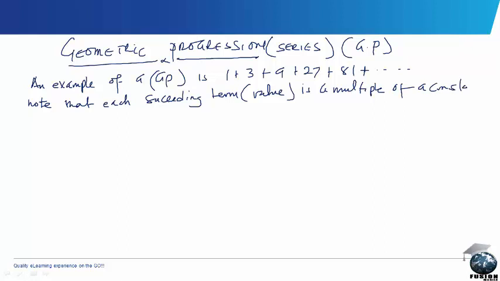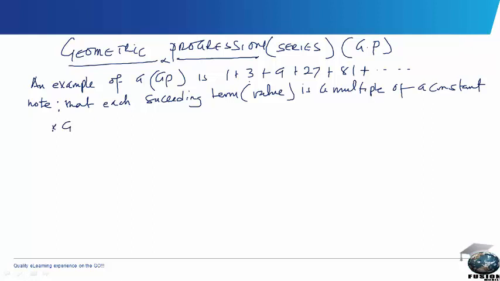The next value is 3, a multiple of 3 times 1. Then 3 times 3 gives 9, 3 times 9 gives 27, and 3 times 27 gives 81. The next term will be 3 times 81. These are things you need to note.